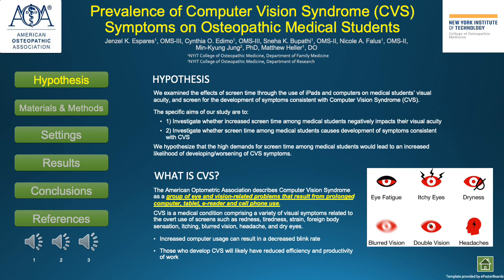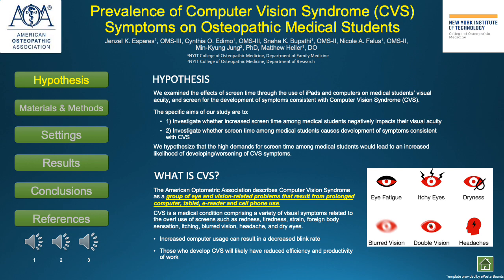So what exactly is computer vision syndrome, or CVS? The American Optometric Association describes computer vision syndrome as a group of eye and vision-related problems that result from prolonged computer, tablet, e-reader, and cell phone use. CVS is a medical condition that makes up a variety of visual symptoms, such as redness, tiredness, strain, foreign body sensation, itching, blurred vision, headache, and dry eyes.